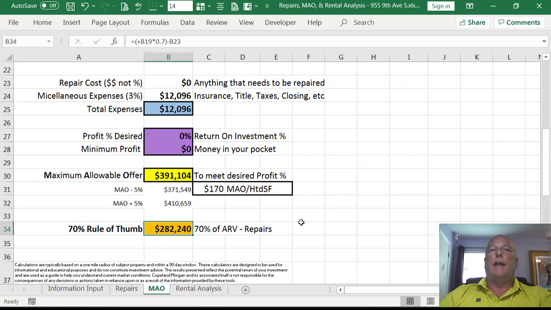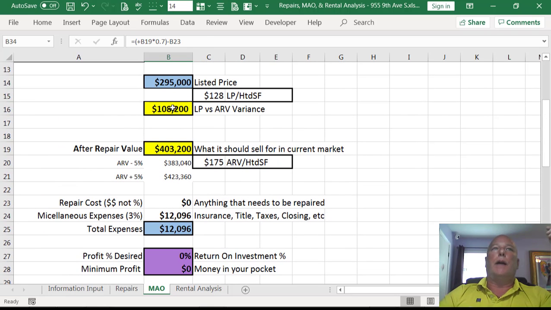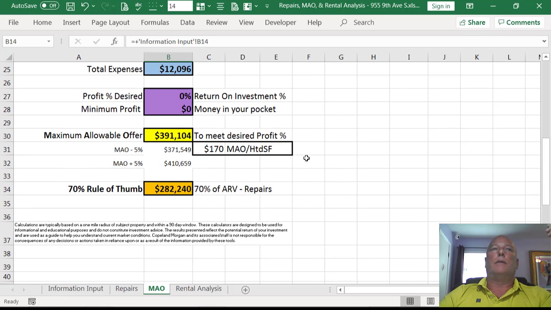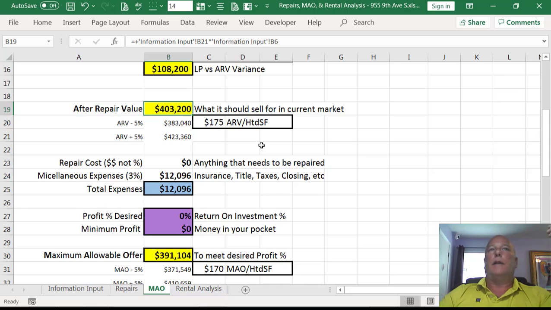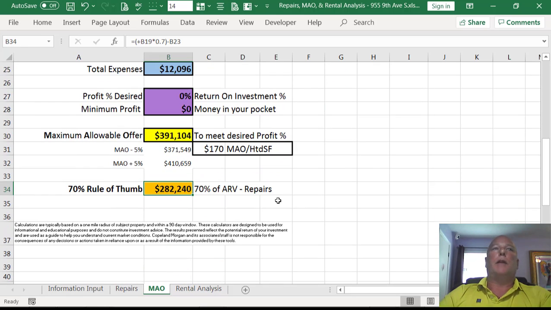So they just do it as that, and they go, I want to put in an offer of 282, 240, or they may round it to 282 or 283, whatever. But they don't care what that number is. They look at what the ARV is, and they do 70% of it, and that pretty much covers all your expenses and stuff.